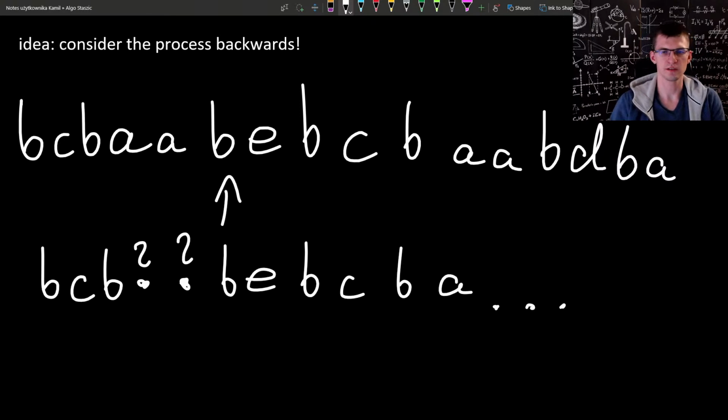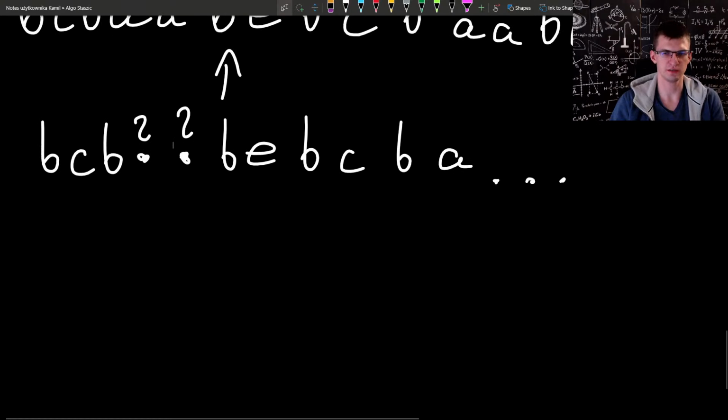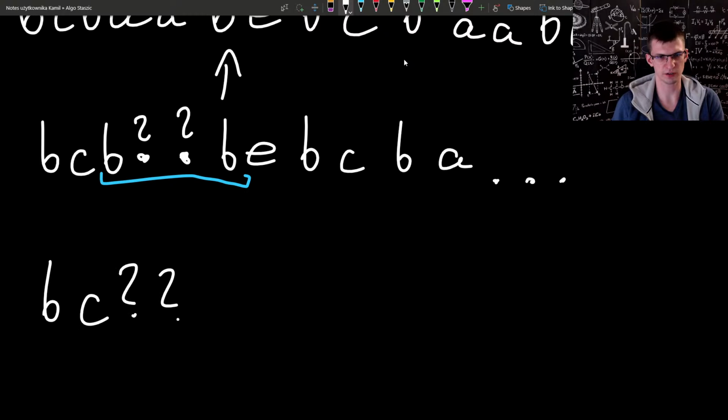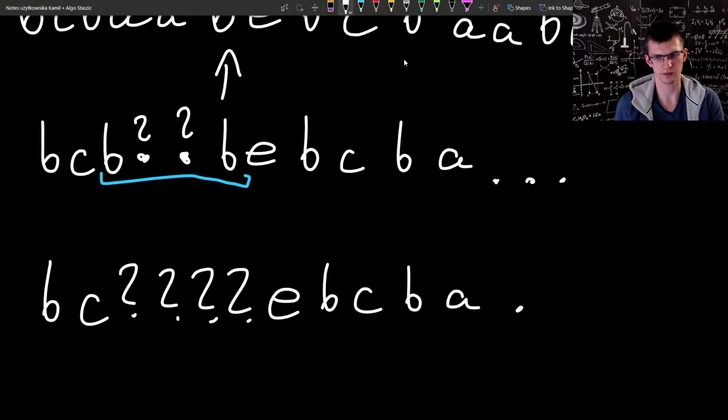Then if the next last operation is to deal with this C, this would also turn into a question mark. Or I could, for example, now say that here I print the four B's, and the previous string would be B, C, question marks, E, B, C, B, A, and so on.